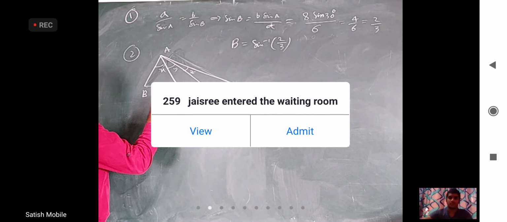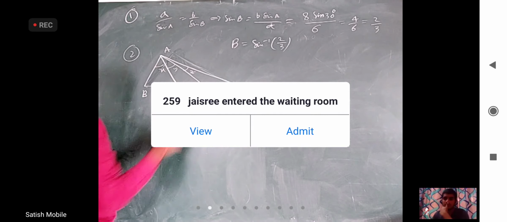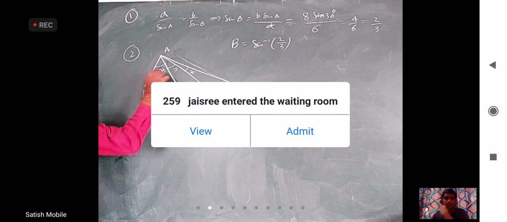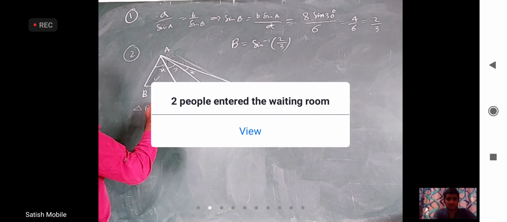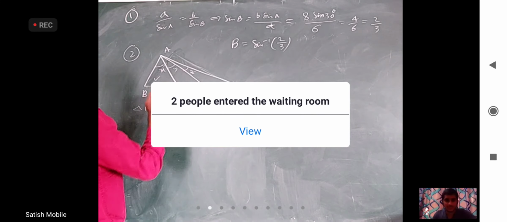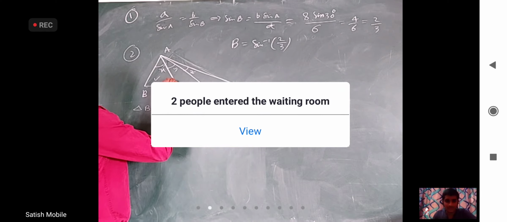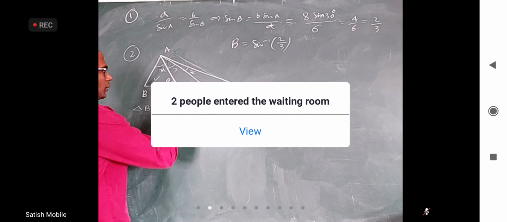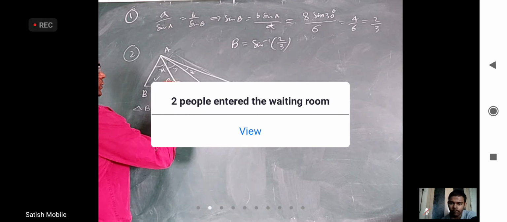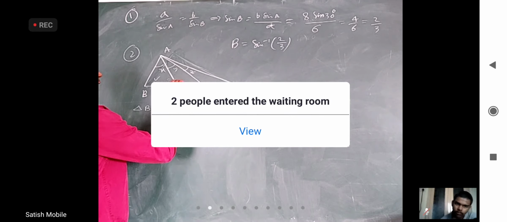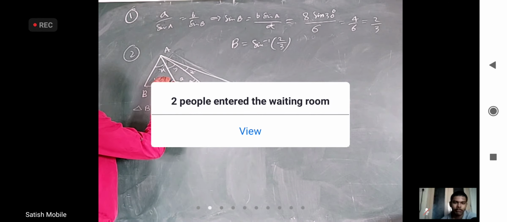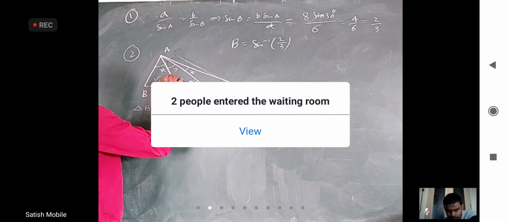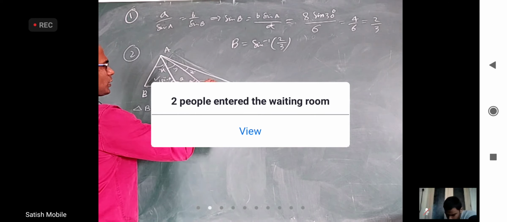I will take this length is k, this length is k and this length is k. I want to apply sine rule in triangle BAD. I also take some angle, this as theta, this as alpha. This will be 180 minus theta, this will be 180 minus alpha.